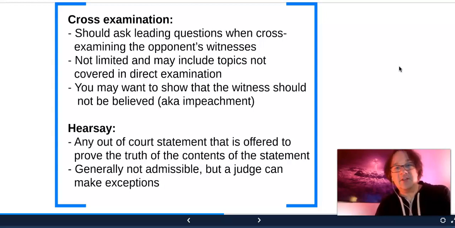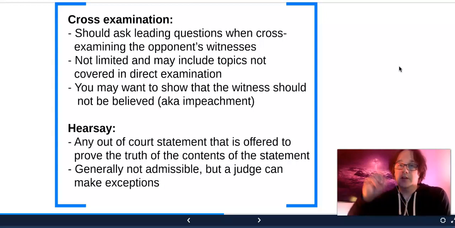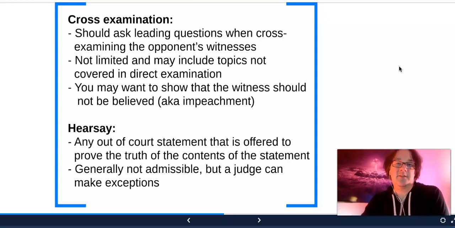When it comes to hearsay, it is any out-of-court statement that is offered to prove the truth of the contents of the statement. We basically can think of hearsay as something I heard from someone else, right? Someone else told me this. Okay, well, that's hearsay, right? That's not admissible. Get the person who told you that to come on the stand and testify.